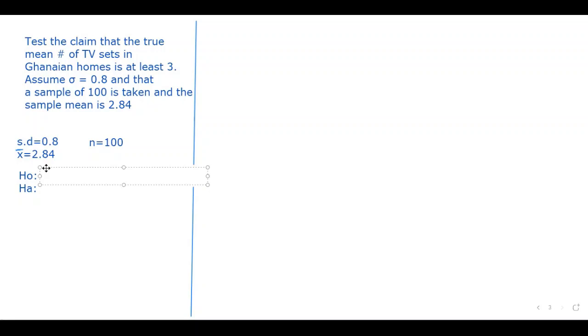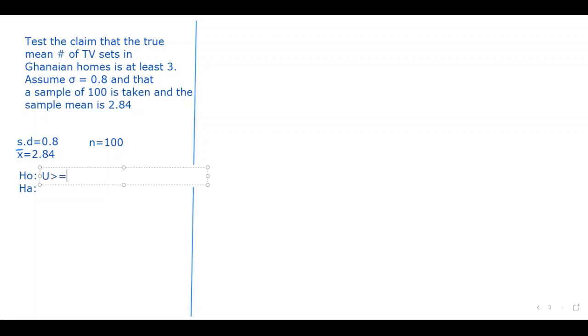This one is talking about at least 3. If it's at least 3, then the H0 is that mu is at least 3, so greater than or equal to 3.